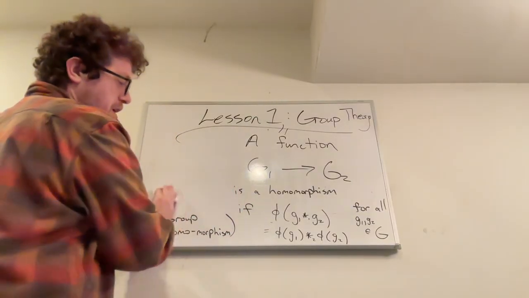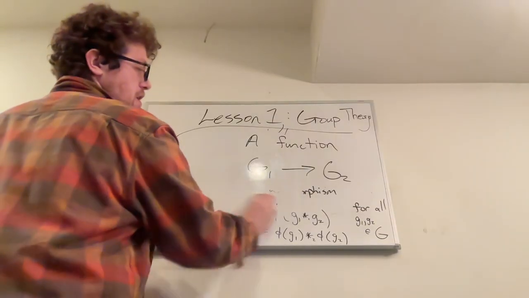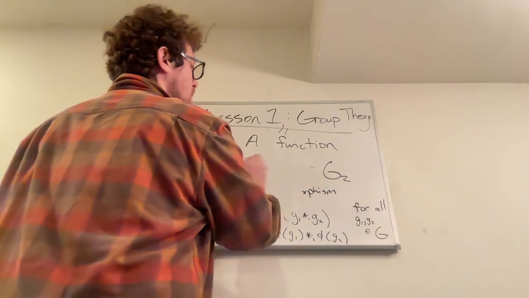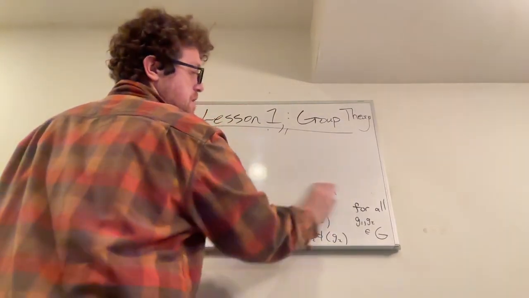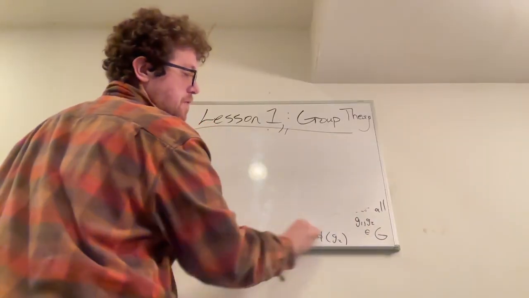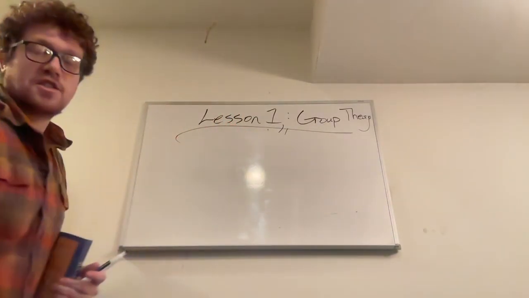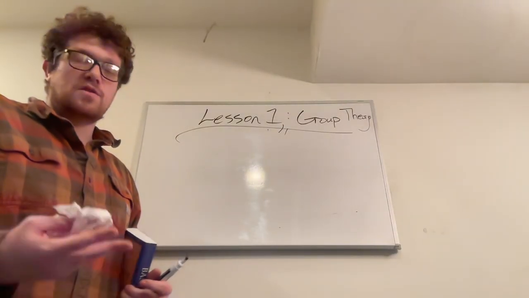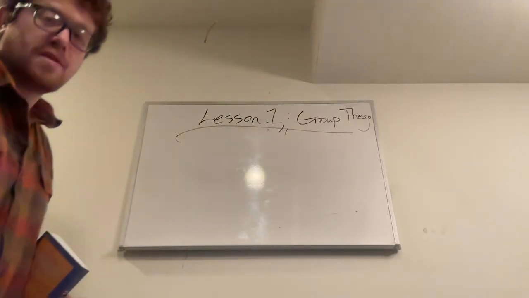I'll talk about Cayley's theorem, but I'm not going to prove it or be super technical about it. Cayley's theorem is very important and fundamental for algebra, and it has a generalization called the Yoneda lemma, which is a very, very general category theory statement. This is just a very special case of it.